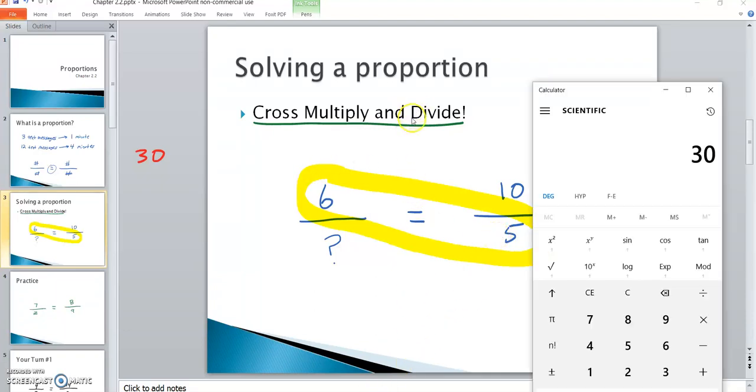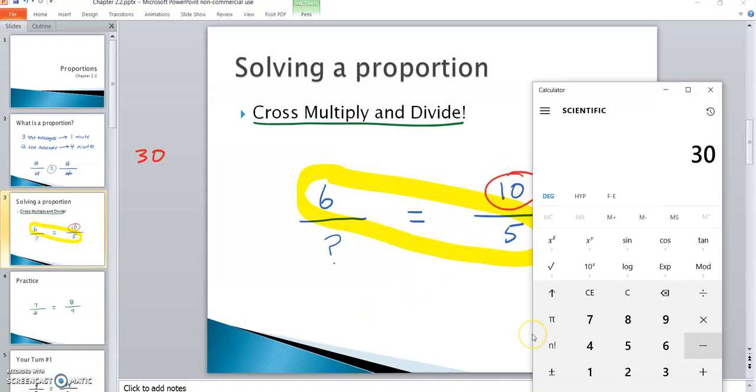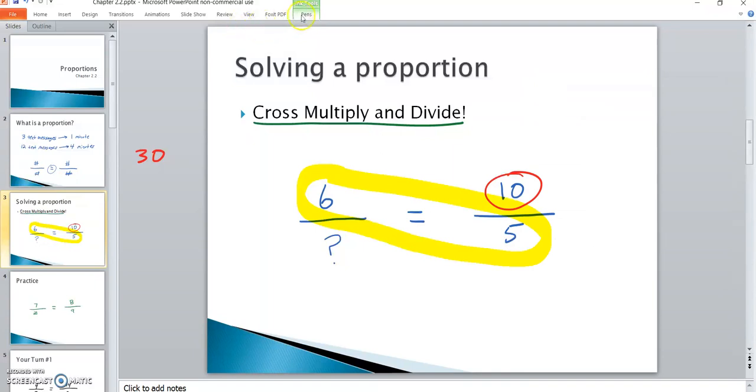And then the last step is to divide. So we're going to take that 30 that we found, and we're going to divide it by the last number, which is 10. So 30 divided by 10 is 3. So our question mark is equal to 3.